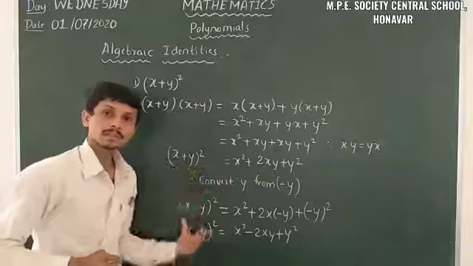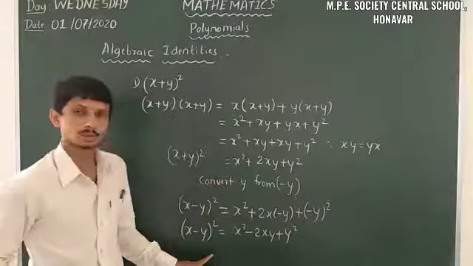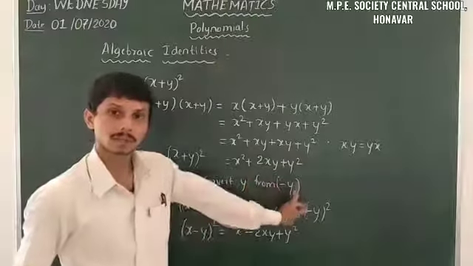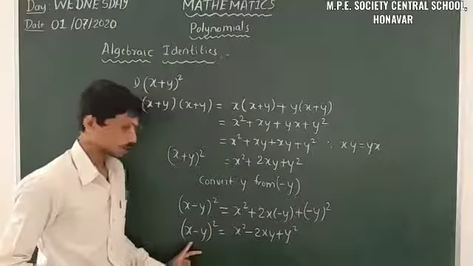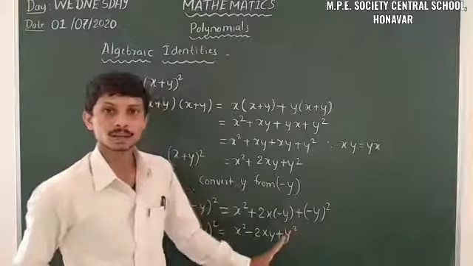From this we learned two identities, x plus y whole square and x minus y whole square. That is, x plus y whole square is equal to x square plus 2xy plus y square, and x minus y whole square is equal to x square minus 2xy plus y square.